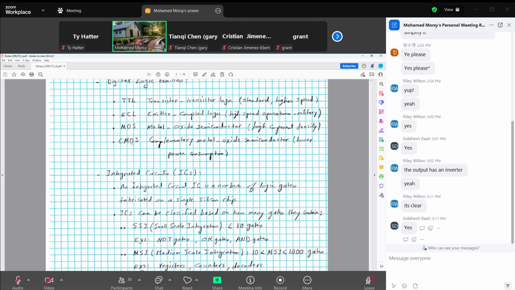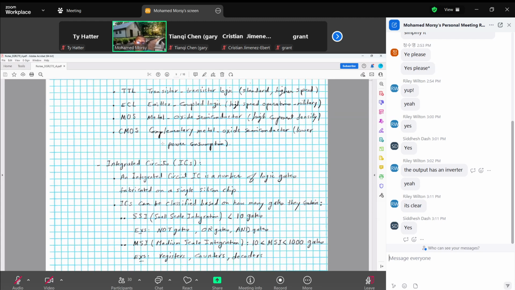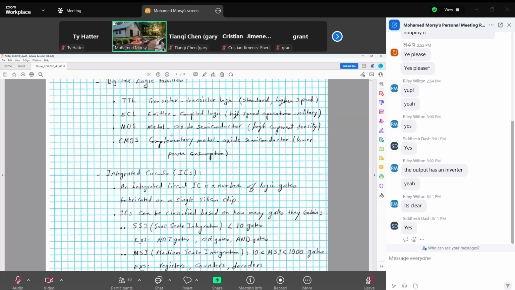The main application for CMOS is in logic encryption, in encrypting the circuit itself.